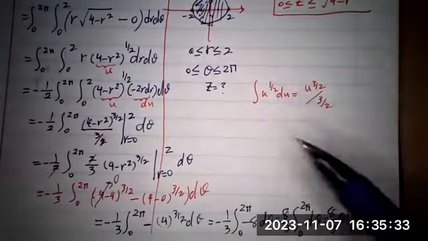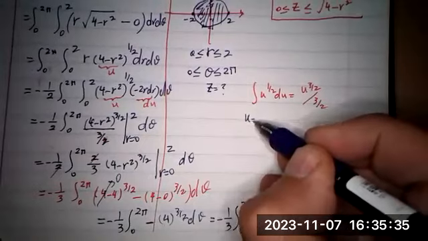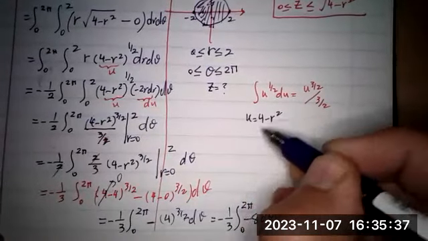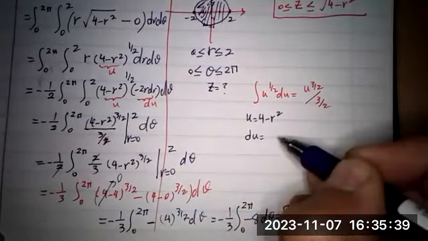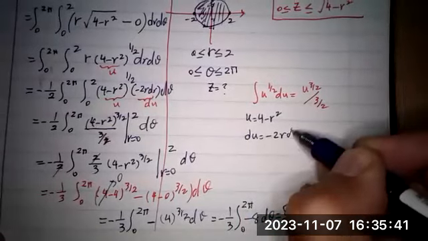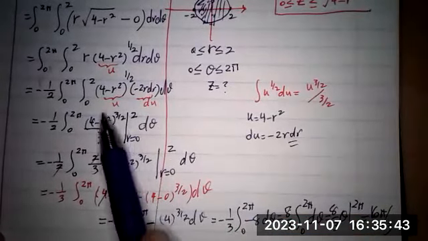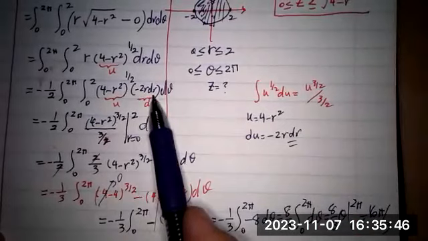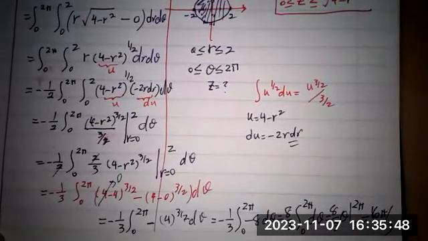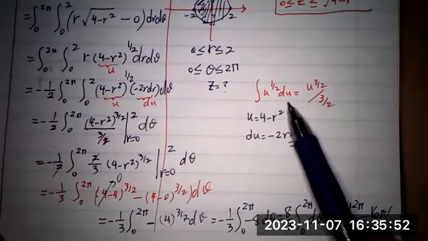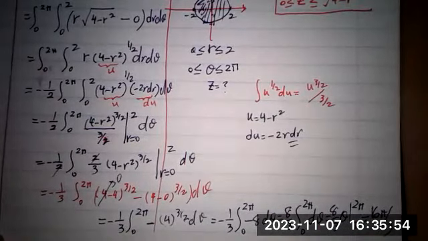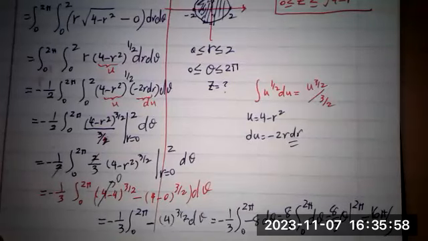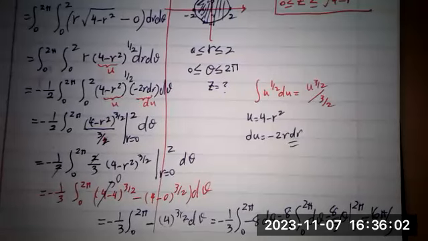If u is equal to 4 minus r squared, du would be negative 2r dr. So this is u, this is going to be du. And when you integrate u, du would be u to the 1/2 du. That gives you this one. Okay, thank you. That r would be embedded in du, if you like, when you do the u substitution.